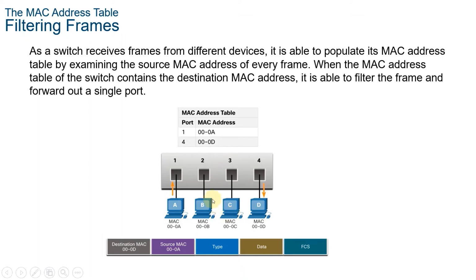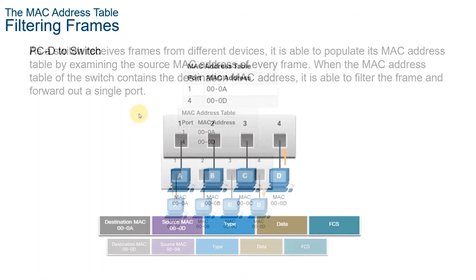In that case, since we already have the entry on the MAC address table, the frame from host A will be forwarded directly to the destination, which is the MAC address of host D here.